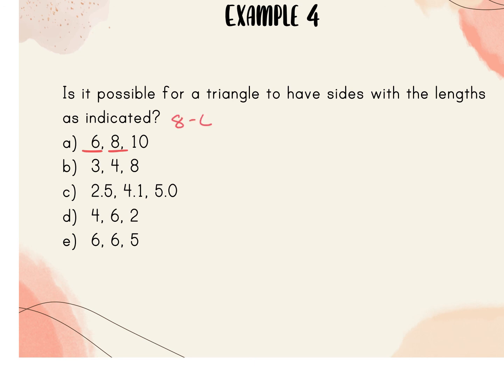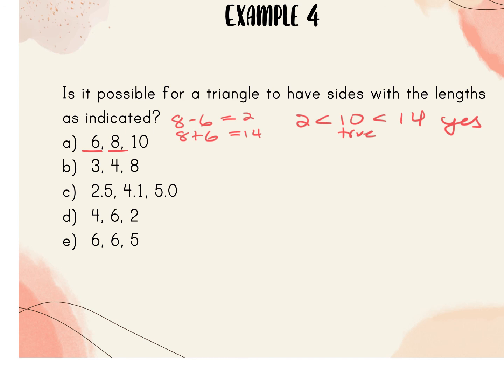So 8 minus 6, 8 plus 6, 2 and 14. So the third side, the 10, has to be greater than the difference, but less than the sum. And this is a true statement, so this is yes. 10 is in between 2 and 14, which are the sum and the difference.